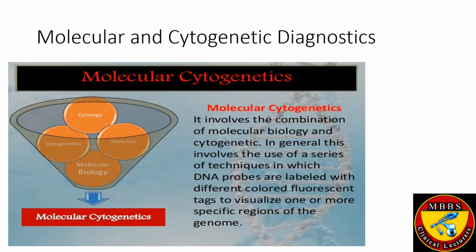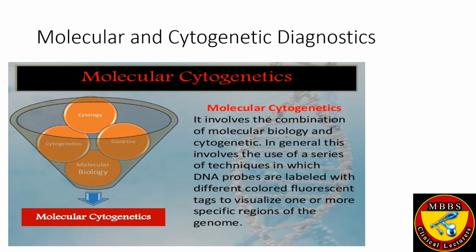So we can say that the molecular diagnosis and cytogenetic diagnosis are helpful in the diagnosis of malignant tumor, or in predicting the prognosis of the malignant neoplasm, or the detection of the minimal residual disease. We can also find out the hereditary prediction of the cancers. So molecular genetics also play a very important role in the hereditary predisposition to the cancer.